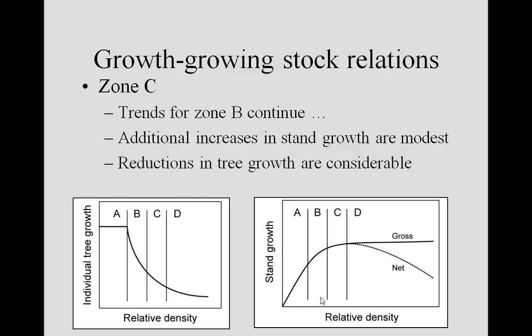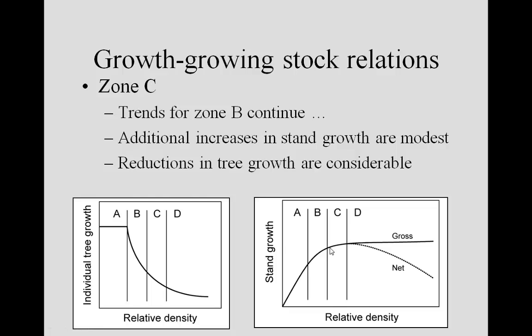Additional increases in stand growth, however, are pretty modest. So, from one side of zone C to another, this isn't really a plateau. It isn't completely flat, but essentially, if we're at this relative density for this species, site and age, for all practical purposes, a relative density above this threshold really represents full site occupancy.